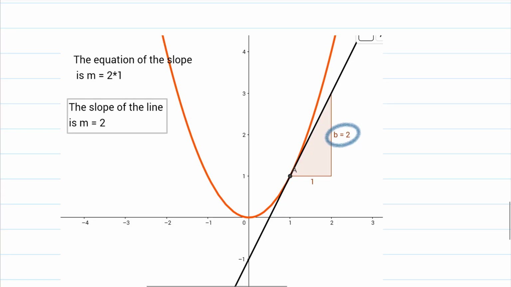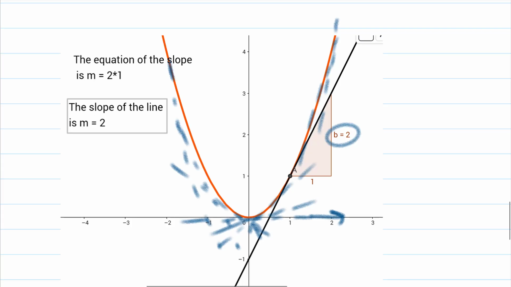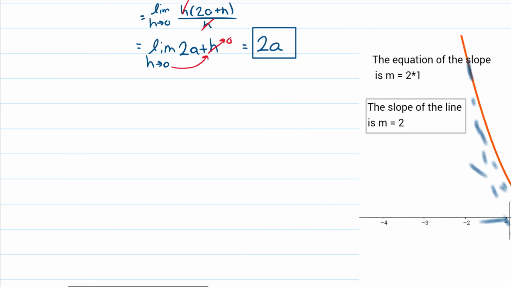And so if we were to move this line, as x approaches infinity, this line is going to become steeper and steeper. As we approach 0, the line is going to become more horizontal, and even at one point become 0 and then become negative. So now we're going to talk about that and write about it.